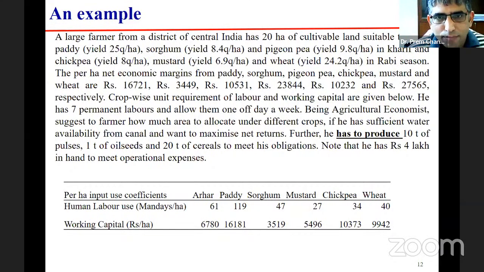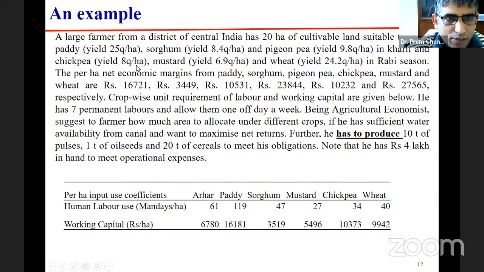I am reading it. A farmer from a district of central India has 20 hectares of cultivable land suitable to grow paddy, and the yield of paddy is 25 quintal per hectare. Sorghum has a yield of 8.4 quintal per hectare, pigeon pea 9.8 quintal per hectare. In Kharif, he can grow 3 crops: paddy, sorghum, and pigeon pea.